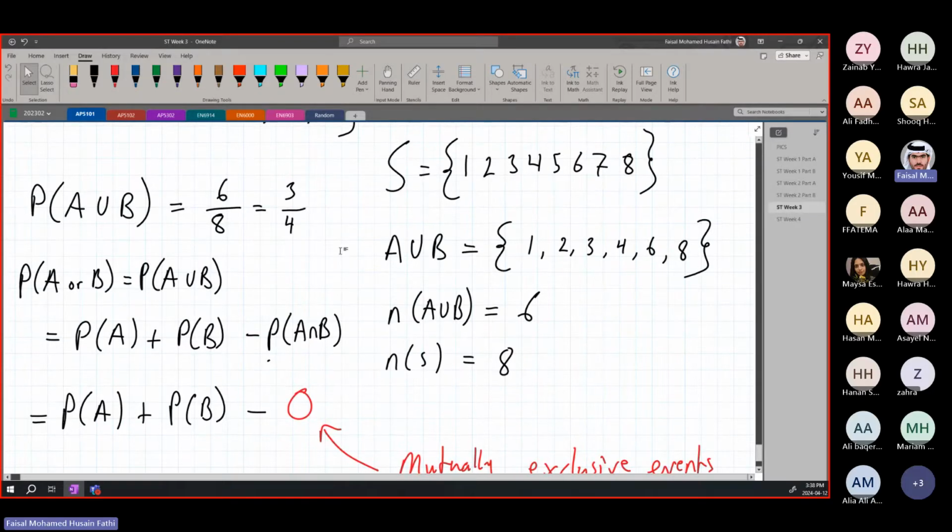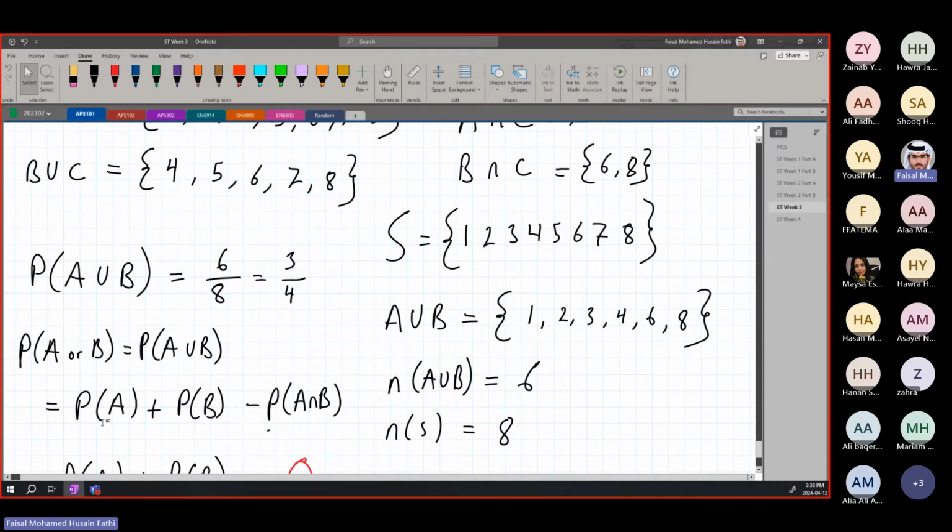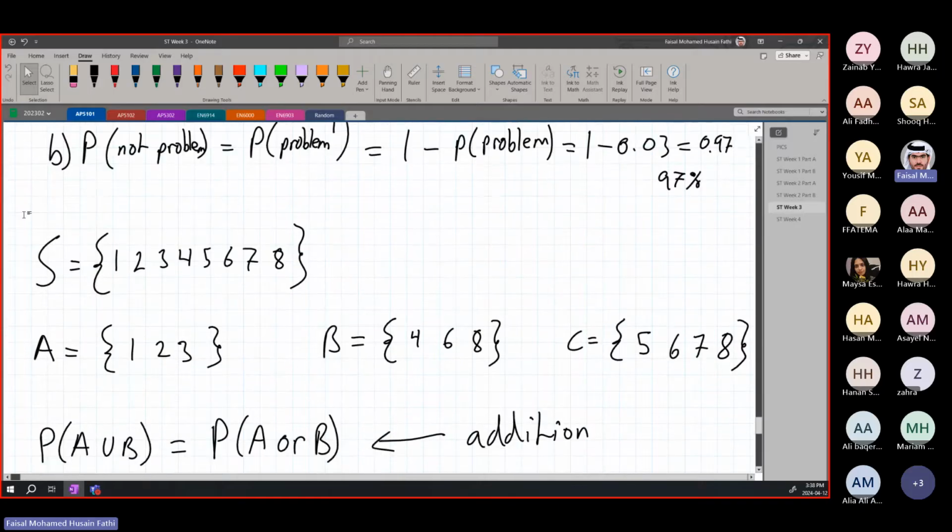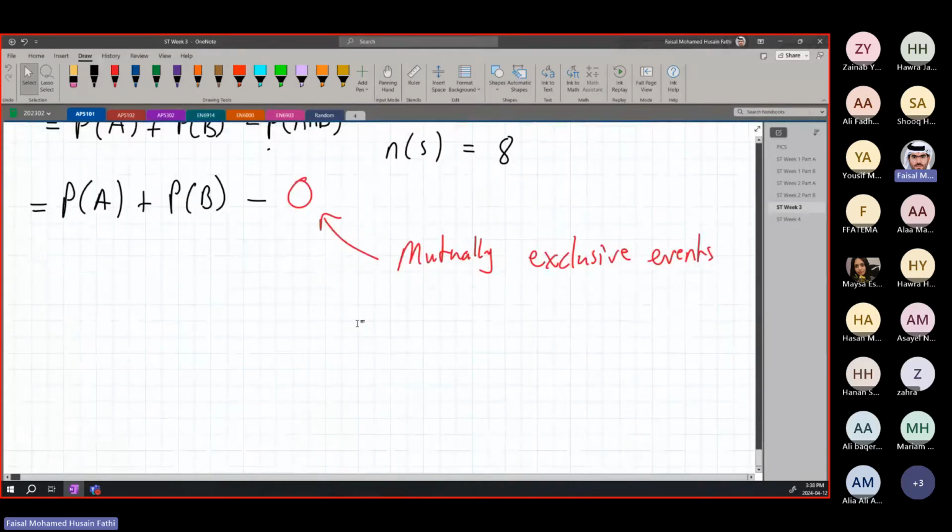So if we just apply this equation now, we already know the final answer has to be 3/4. But let's apply it from this equation because it's much more direct. Because with this equation, we could just look at this part by itself. We don't have to do all this that I have just done over here.